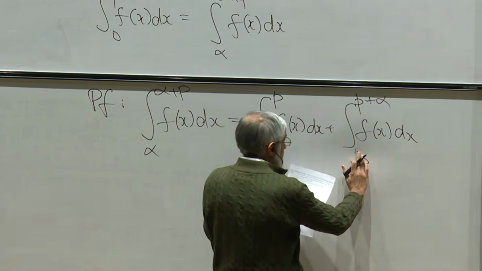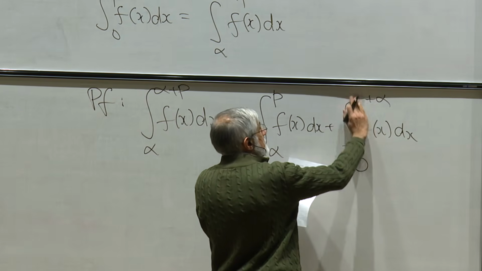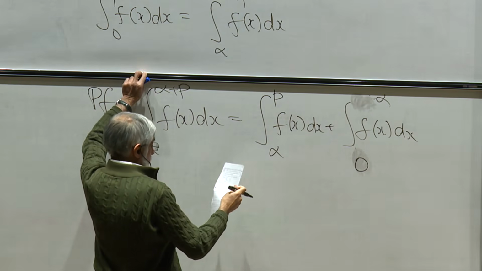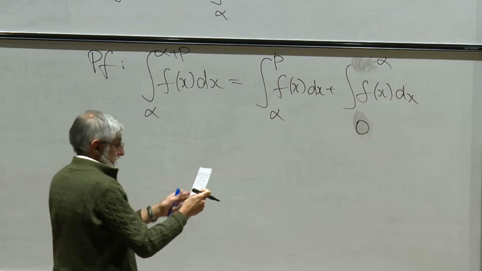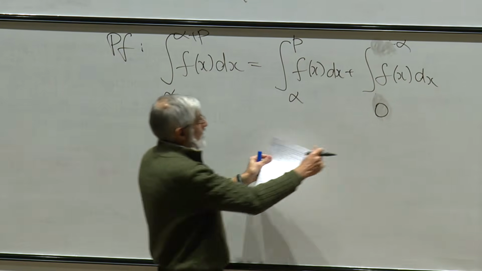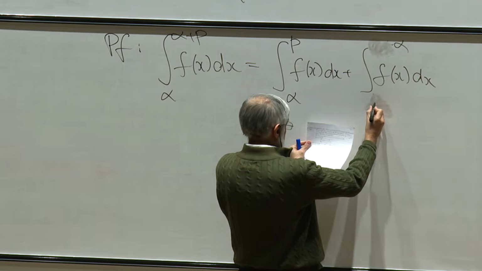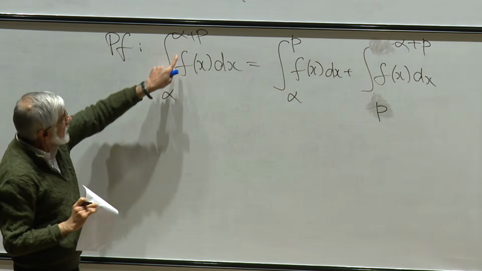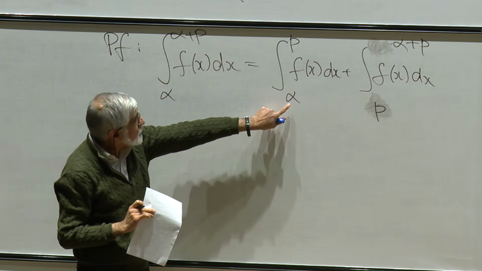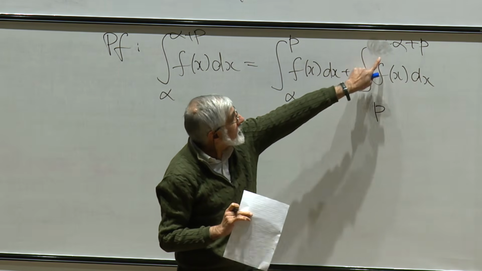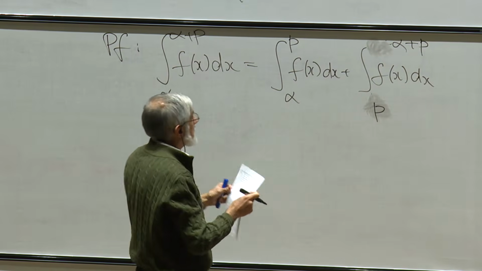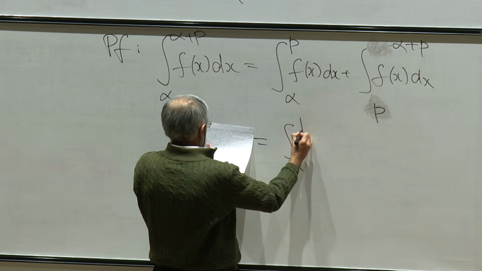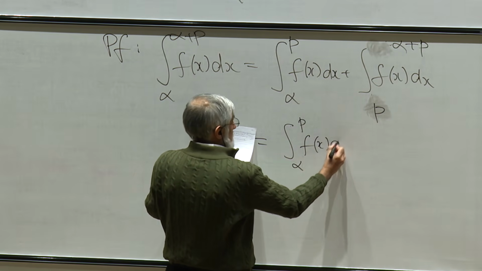Sorry, it's a different proof, that was being a bit silly here. So we've just split alpha to alpha plus p up into alpha to p, and p to alpha plus p. Leave that as it is.